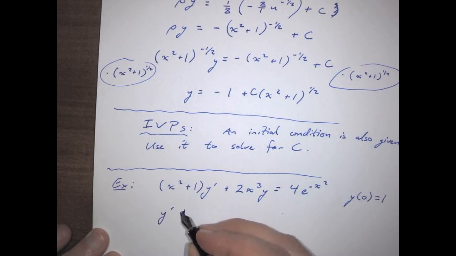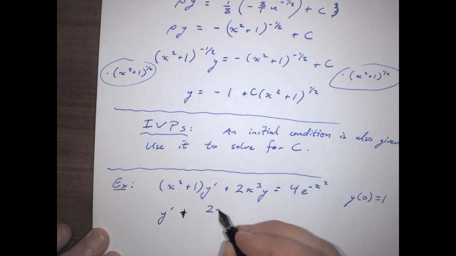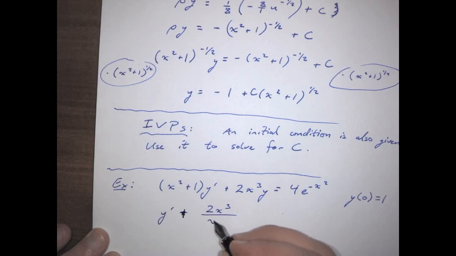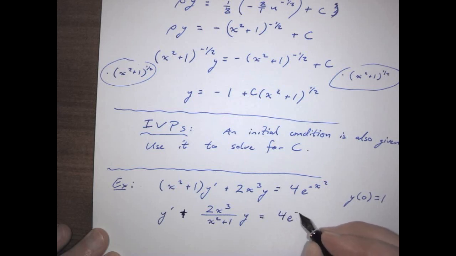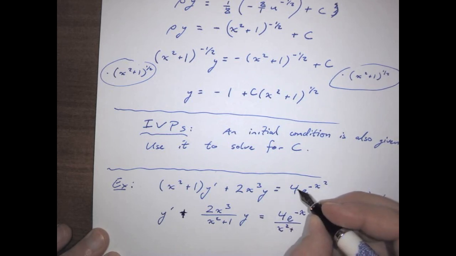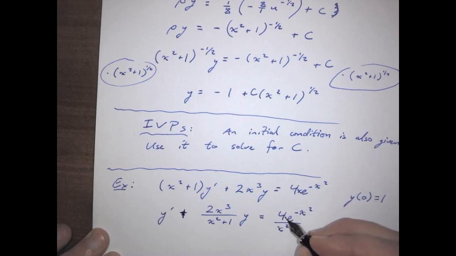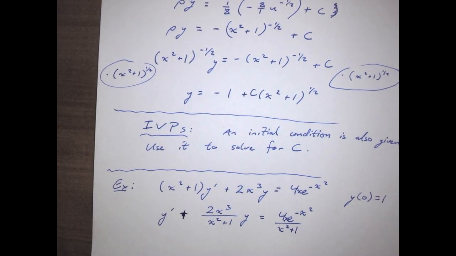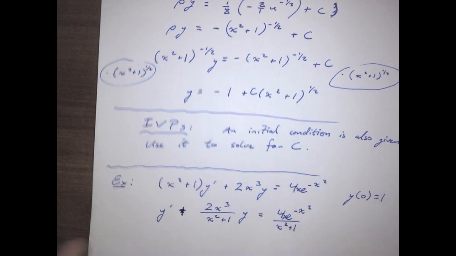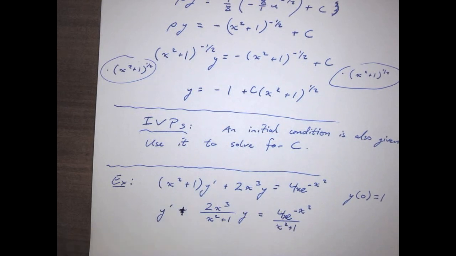Y prime plus 2x cubed over x squared plus 1 y is equal to 4e to the negative x squared divided by x squared plus 1. Sorry, there was a typo in this from the very beginning, so it's 4x. We almost got ourselves in over our heads on that one, so luckily we caught that before it was too late. It's 4x. Otherwise we were going to perhaps be in trouble.